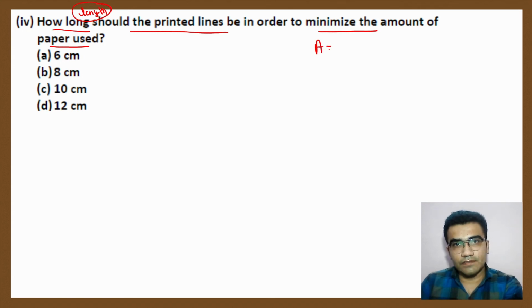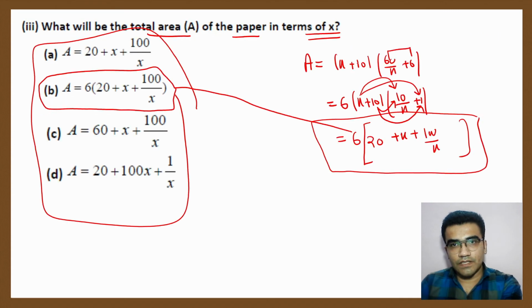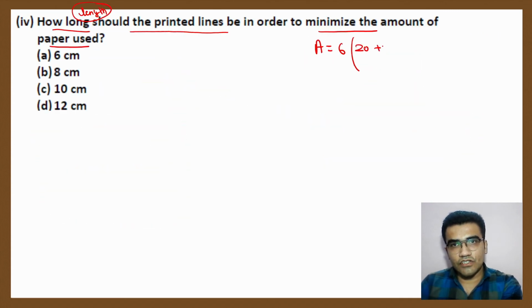We have A is equal to 6 within bracket (20 plus x plus 100 divided by x). So differentiating, dA divided by dx is equal to 6 as it is, within the bracket the constant 20 has derivative 0, x is a simple variable so its derivative is 1, and 100 divided by x gives 100 divided by x square, which will come with a negative sign.